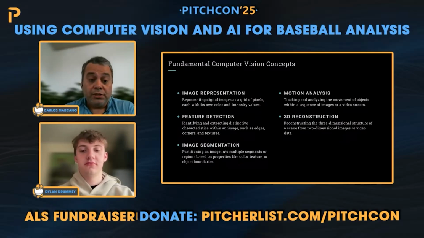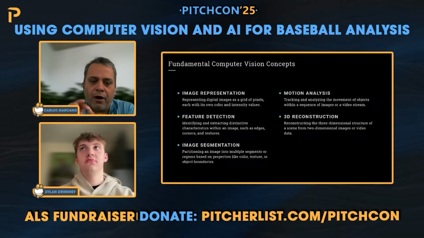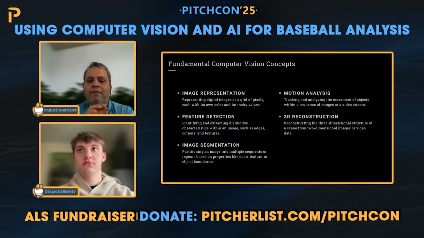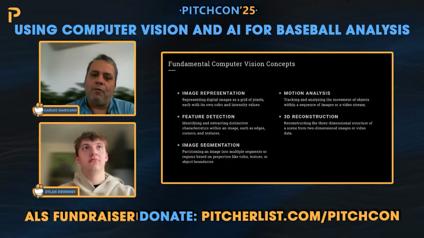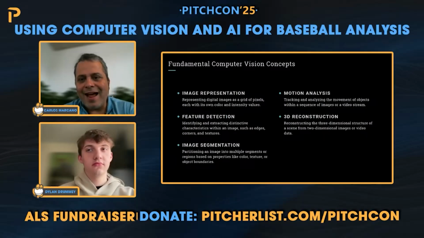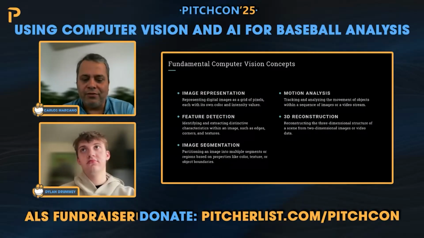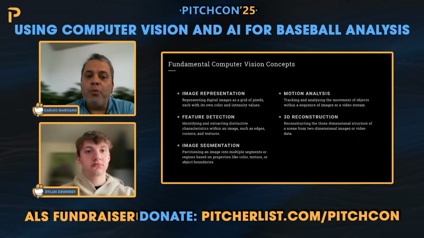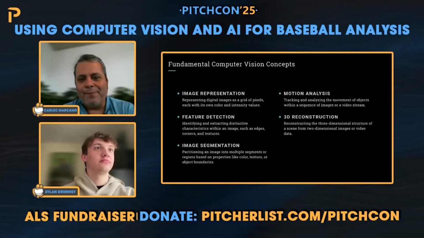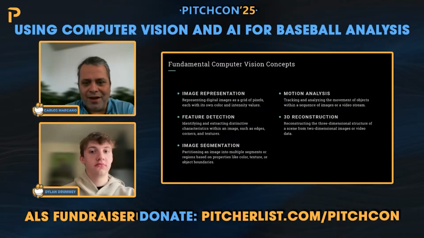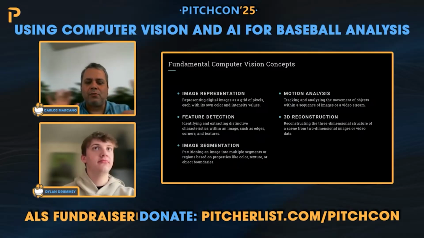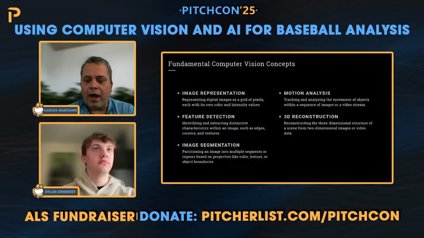Then we have image segmentation, which goes a little farther beyond the edges and identifies what's inside a complete boundary. And when we get that nailed down, we can do motion analysis and 3D reconstruction. As I said, I'm oversimplifying this. Anyone who is a little bit familiar with this knows there is a lot of stuff going on behind that, but I just wanted to show the five core things that computer vision tries to address.